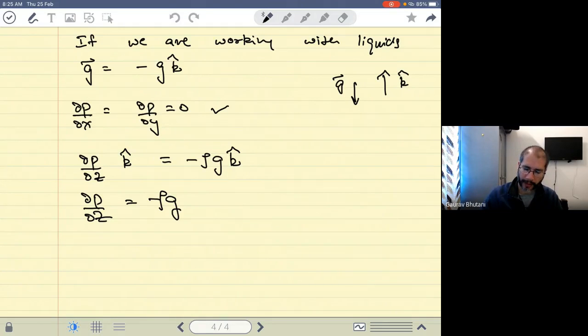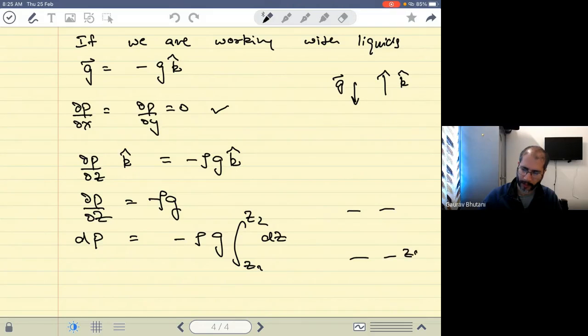So this, when I integrate, gives me minus rho, and g is also a constant, and then we have dz. So integrate from z1 to z2.